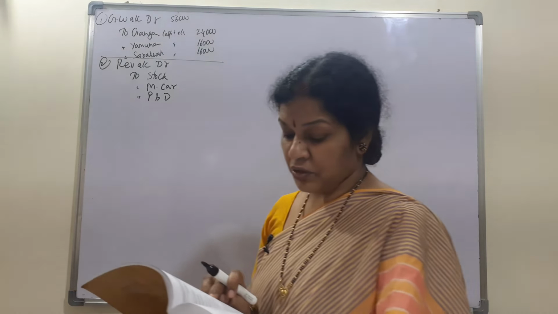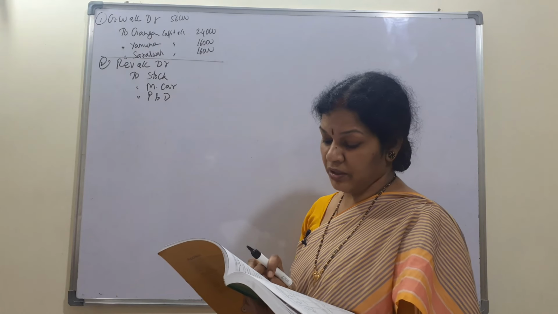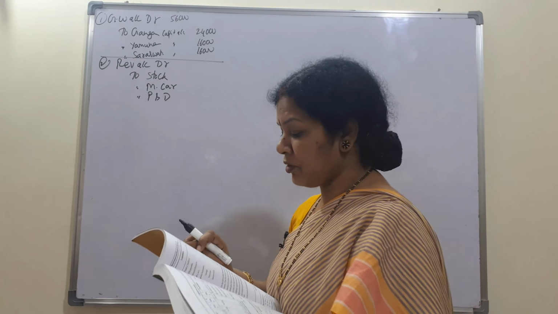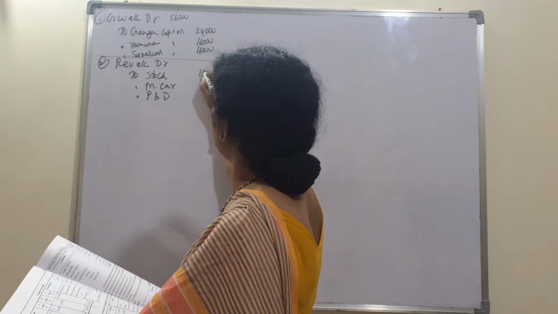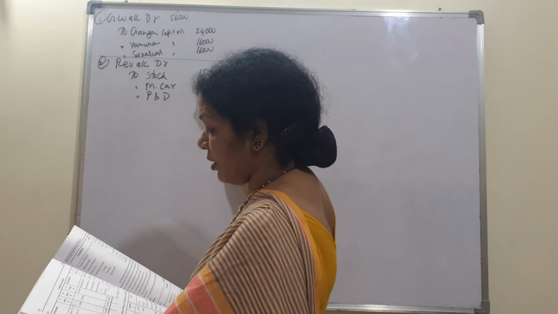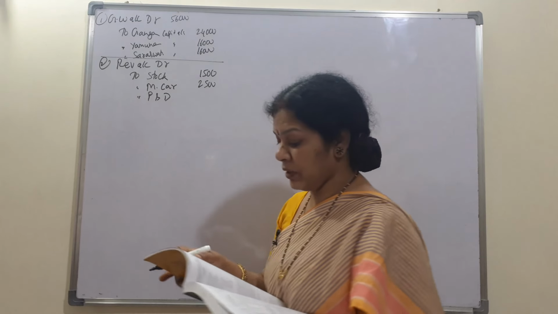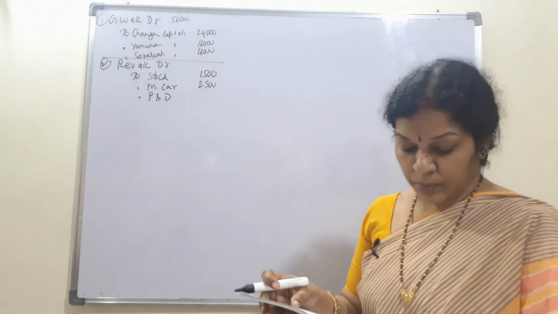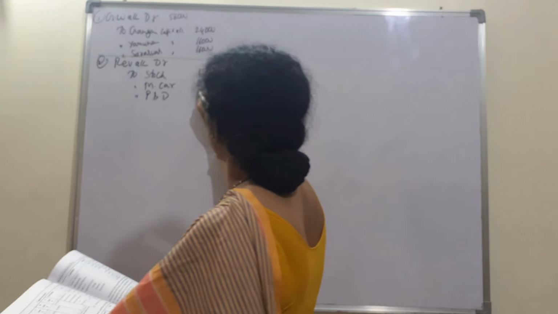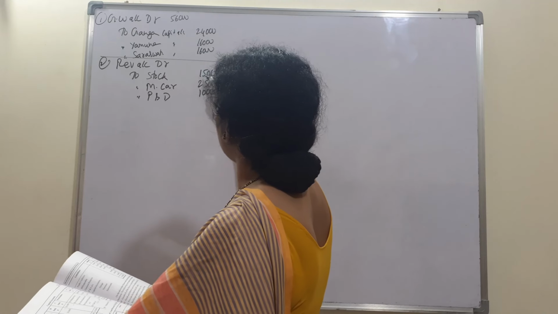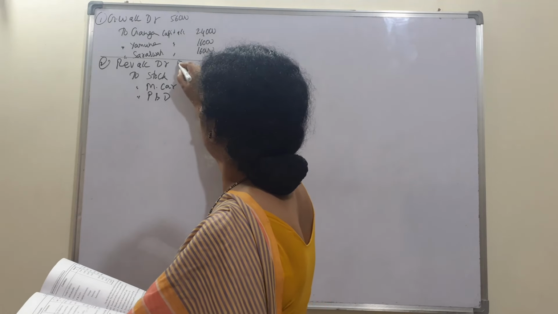Stock and motor car have 10% depreciation. Stock 10% means 1,500. Motor car is 2,500, 10% on 25,000. And provision for bad debts is 1,000. So it is 5,000 in total.